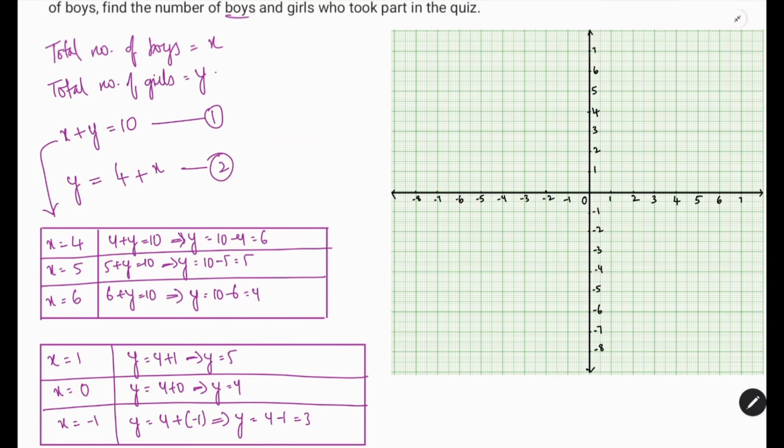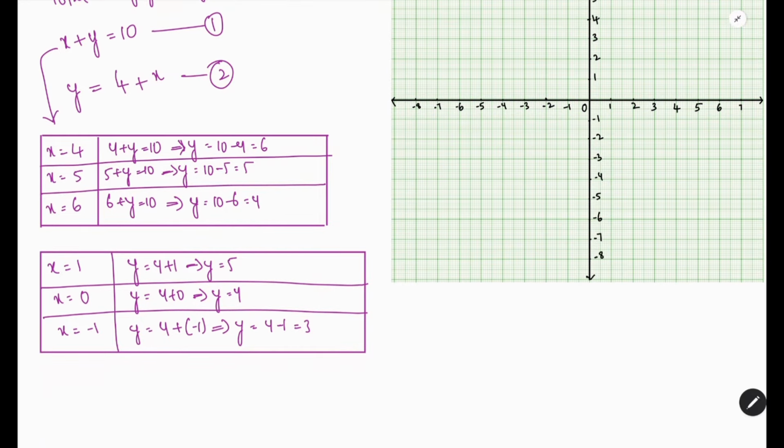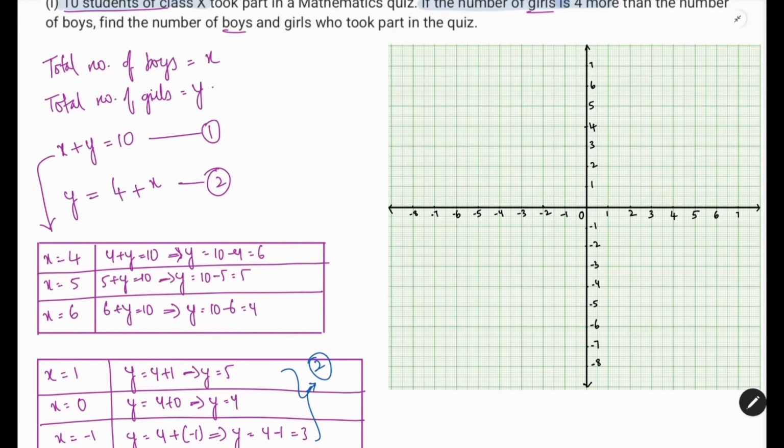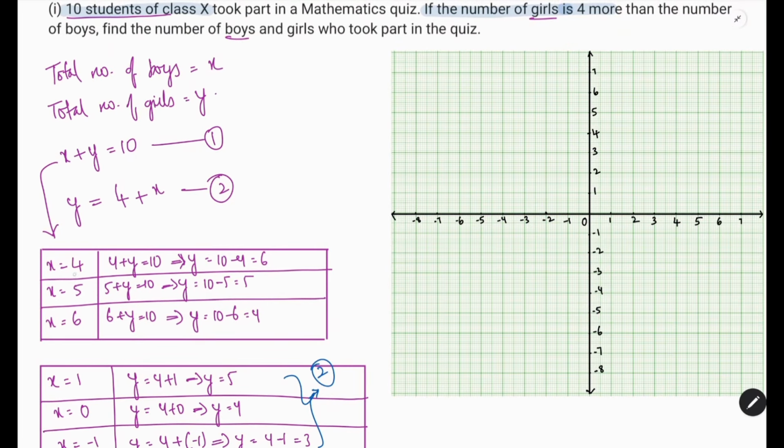Okay. Now we will represent these two values on the graph. First equation values: if x is 4, y is 6. If x is 5, y is 5.